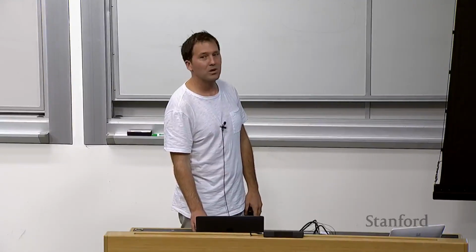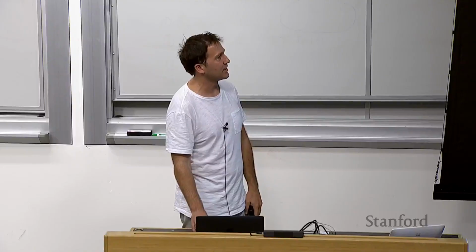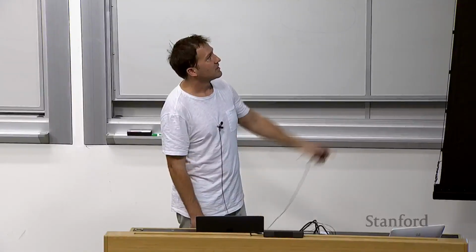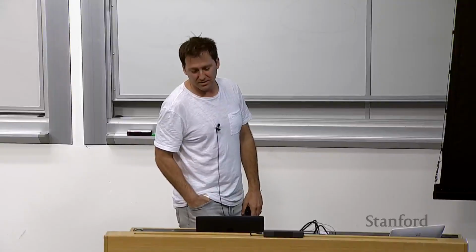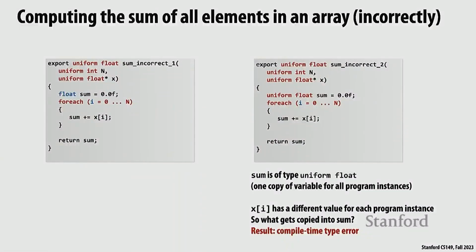Okay, so here's one more that should really get you to understand things. This is a broken program for how to compute the sum of all elements in the array. Can you see why it is broken?